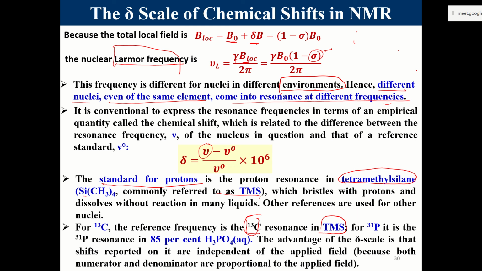The 13C isotope is used because 12C is not magnetically active, so you need a substitute. If you substitute this with this, then that becomes a reference for 13C. 31P, phosphorus, is also magnetically active, and for this the standard is H3PO4.